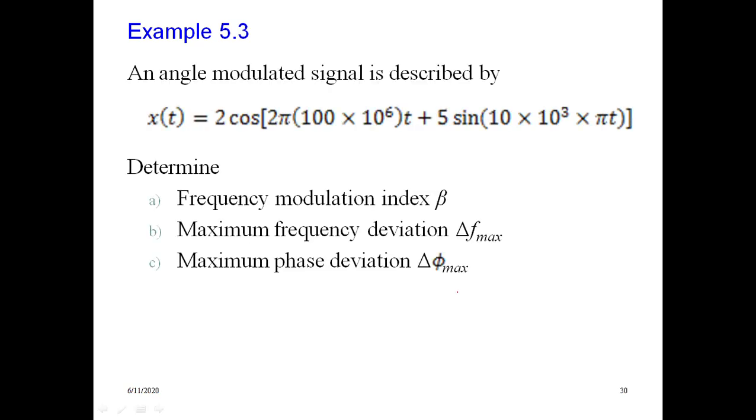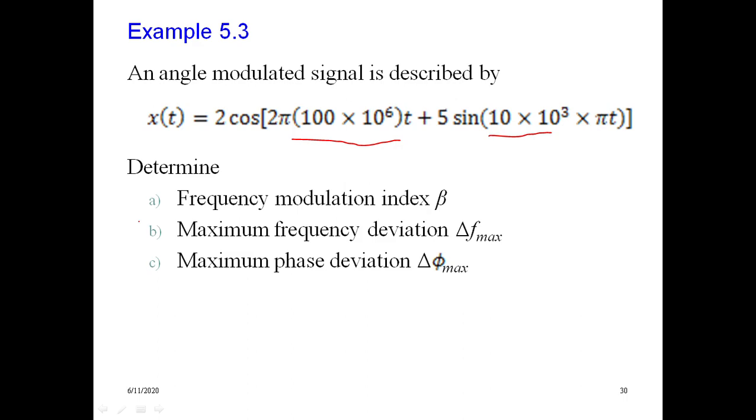Alright, so now it's already modulated for you. It can be FM, it can be PM. So the function is here, 2 cos 2 pi, this is the FC, and this is the FM, plus something. So determine beta, delta F max and delta phi max.